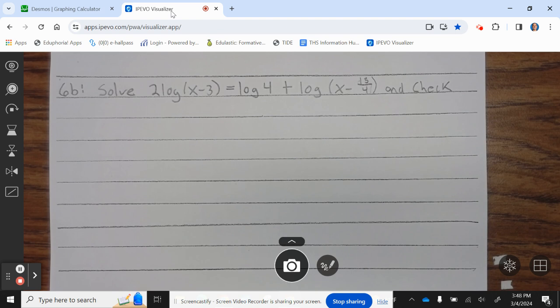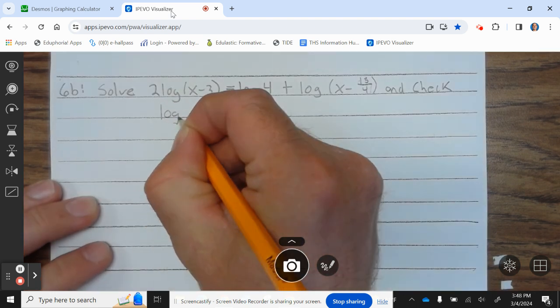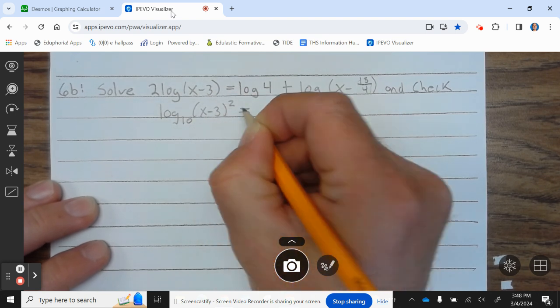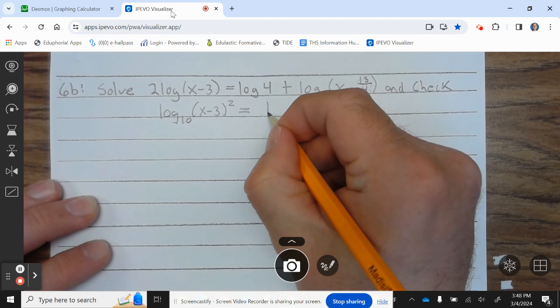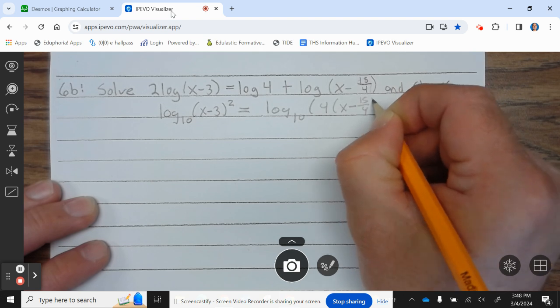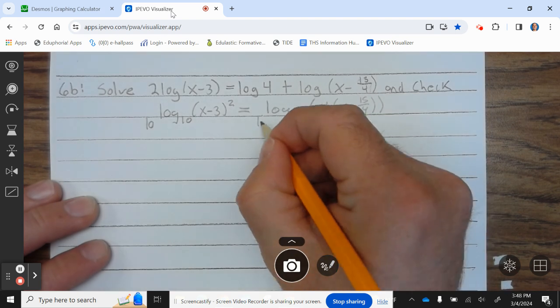6b. Solve 2 log of x minus 3 equals log of 4 plus log of x minus 15 divided by 4. Okay, so first I can rewrite this as log base 10 of x minus 3 squared equals log base 10 of 4 times x minus 15 divided by 4. I'm going to raise both sides by 10.